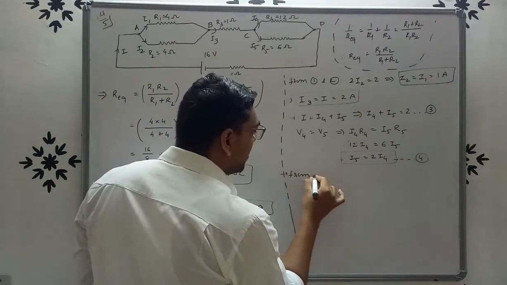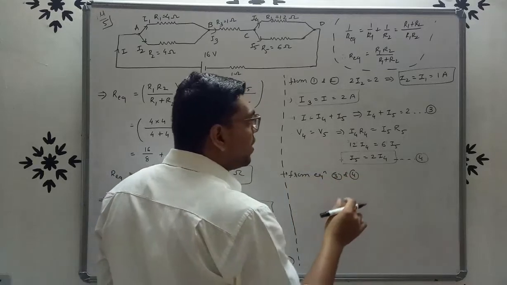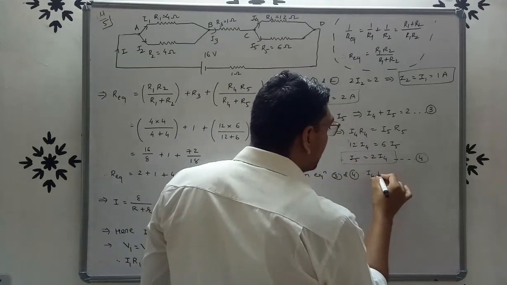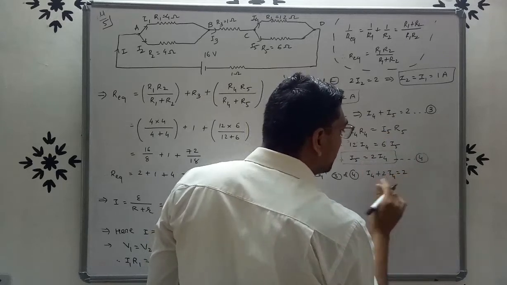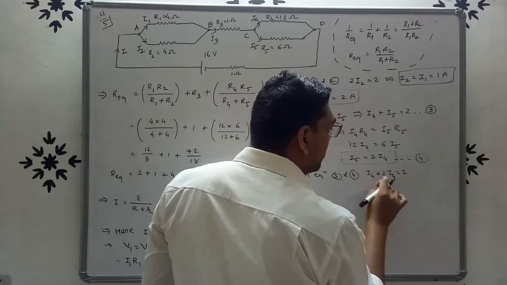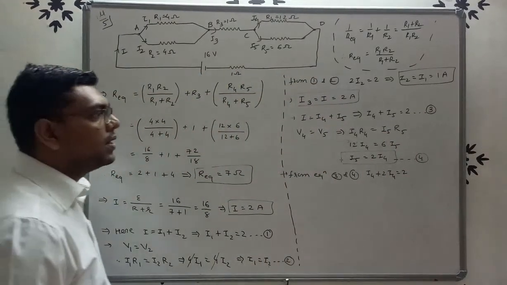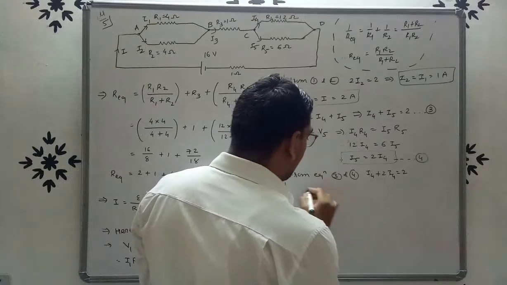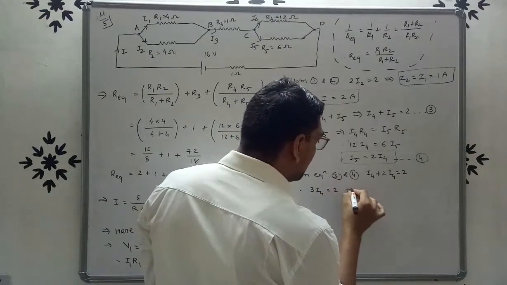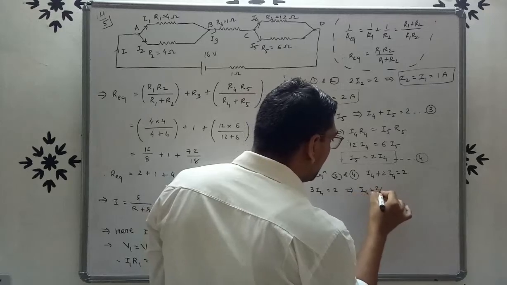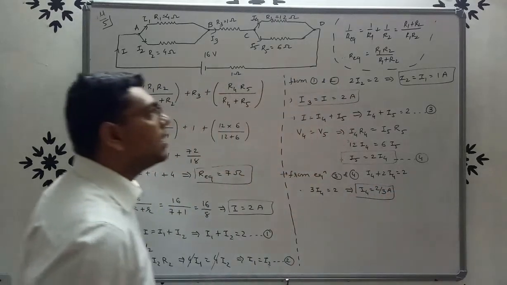So from equations 3 and 4, I4 as it is plus I5, 2I4, is equal to 2. So here 2 plus 1, that is 3, right? So 3I4 is equal to 2, so I4 is equal to 2 by 3 ampere, right?